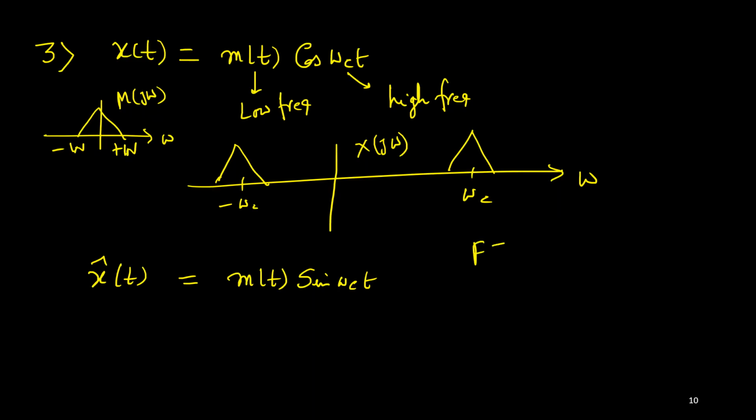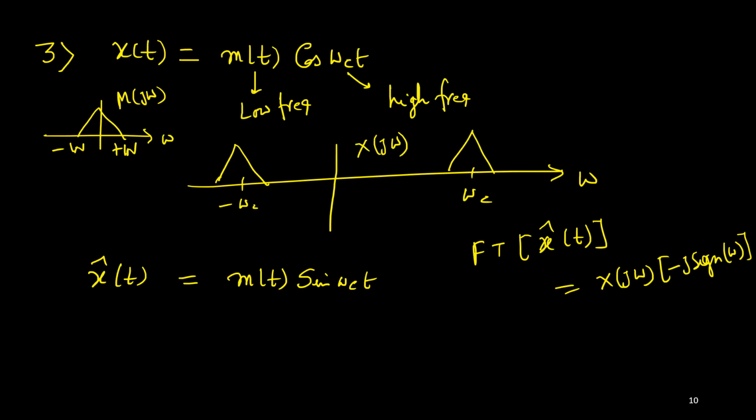what is the Fourier transform of this one? So the Fourier transform of, say, x hat(t). What can we write? This is nothing but capital X of j omega, because it is the Fourier transform of this one, and you should multiply by minus j sign omega. Correct? So what is happening? So this is multiplication. Minus j is multiplied, sign is this side.